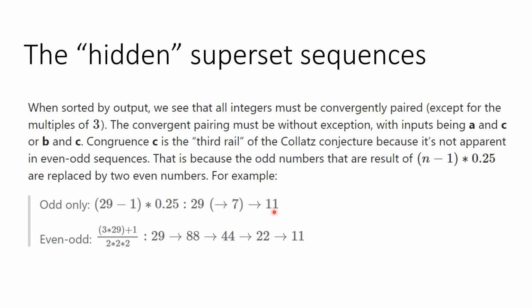So they both end up at exactly the same point, but you do not see the convergence point of 7 in the even-odd sequence. You just see it going from 29 to 11, and that must produce a very, very strange fractional ratio that baffles mathematicians and which they believe to be very complicated. It's not. There's a hidden sequence there.